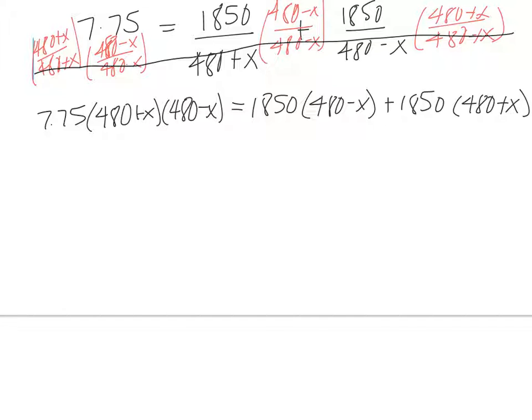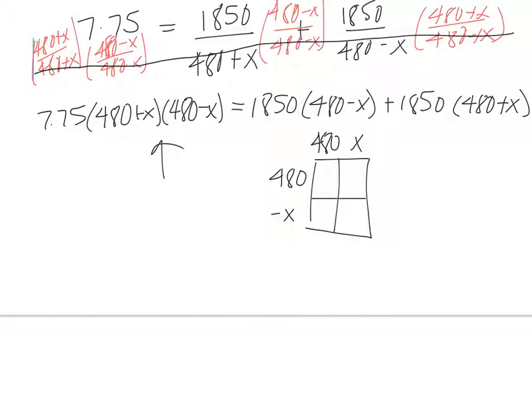Okay, the most difficult one is going to be this first one, because it's a binomial times a binomial, so I'm going to do that work to the side. So 480 and x, 480 and negative x. All right, let me pull out my calculator. 480 times 480 is 230,400. I made the boxes way too small.